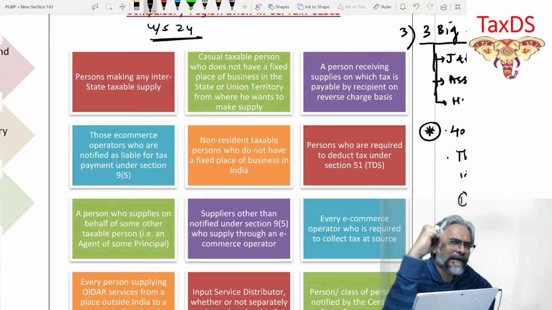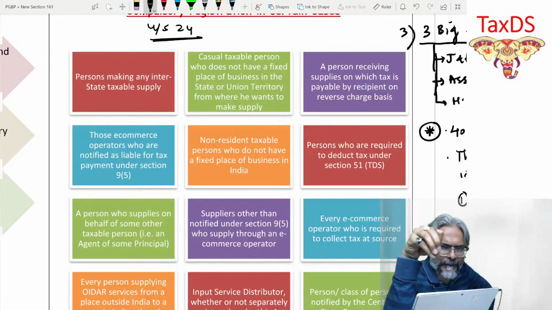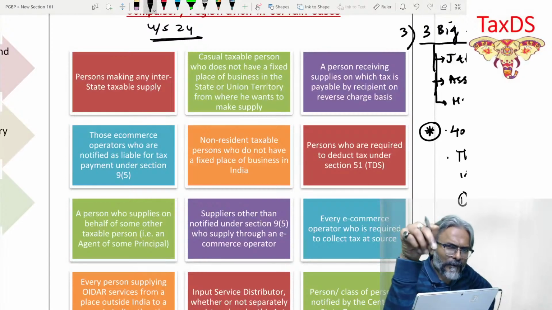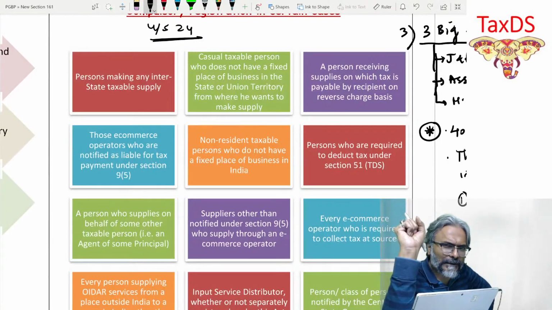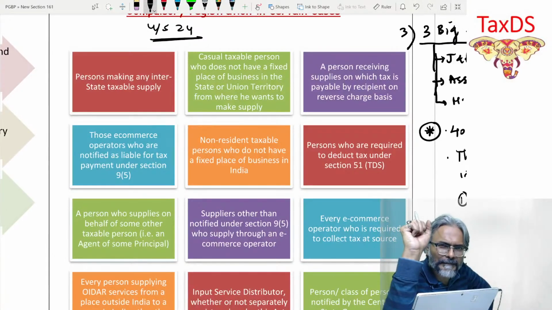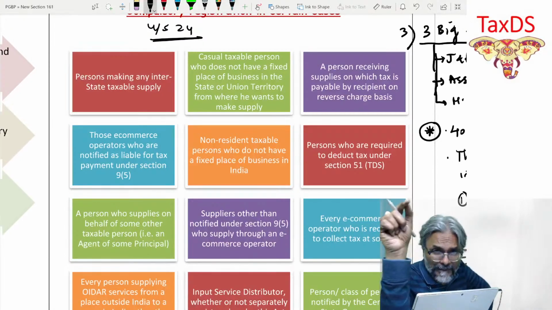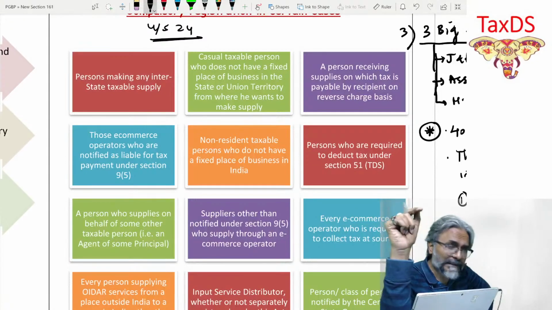For some reason I've got a batch, say for example, in Hyderabad. I'm going to Hyderabad to take up a batch. Now when I'm going to Hyderabad for the purpose of taking up a batch, I become a casual taxable person for that particular state, and I will have to take a registration in that state of Telangana.